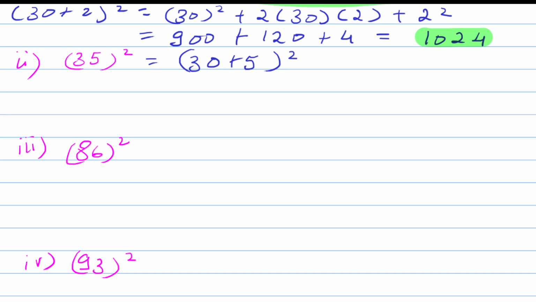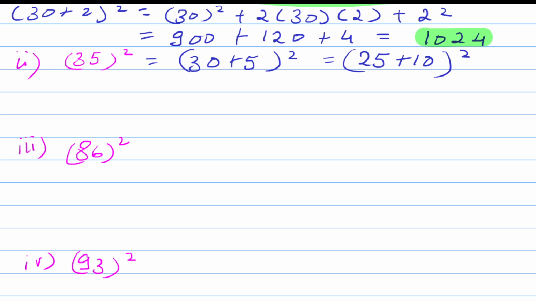You can also write this as 25 plus 10 whole square. If you know 25 square is 625 and 10 square, you will find the same answer. But since we have already used 30 in the previous question, we will go ahead with 30 plus 5.